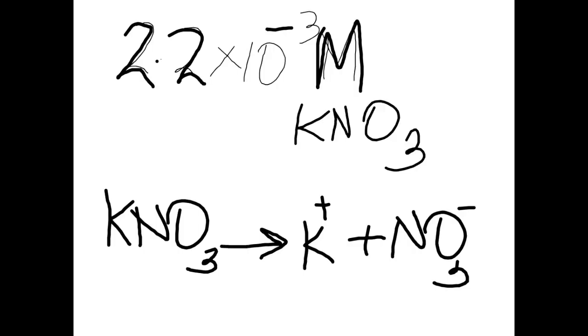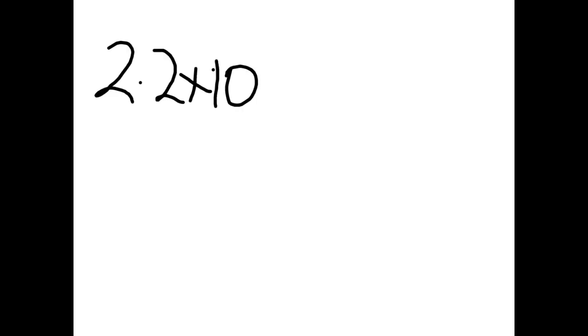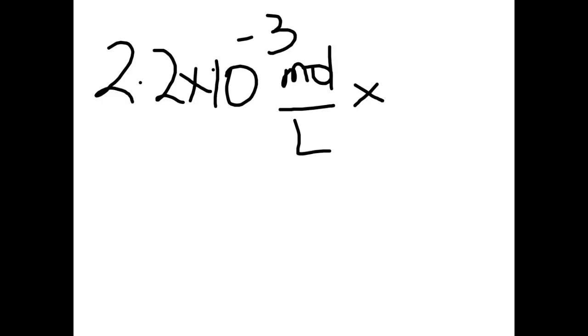2. You're going to take this number, 2.2 times 10 to the negative 3, and multiply that by the number of particles, which is what? Do it, and tell me what you get. How many particles did we just get? 1 and 1. The charges balance out, so it's just 1 and 1.